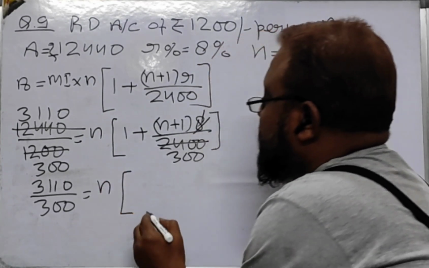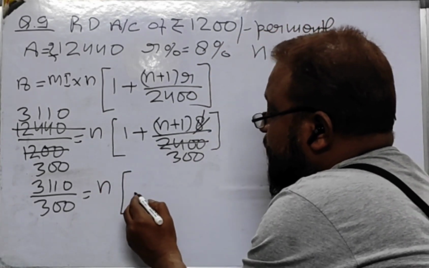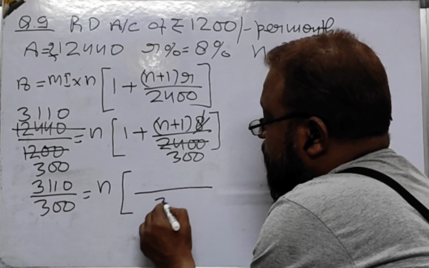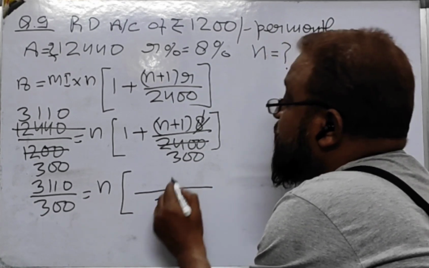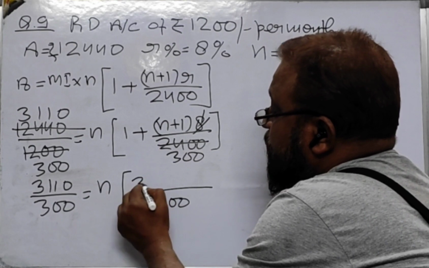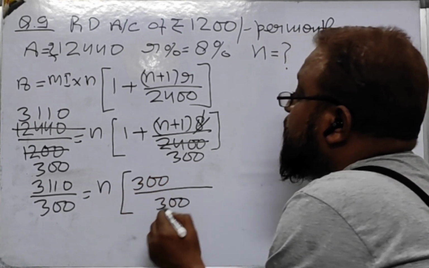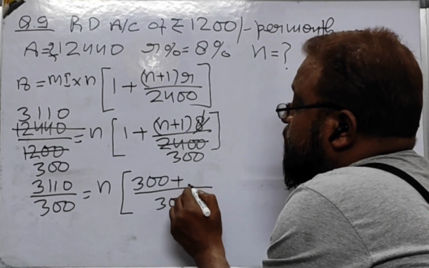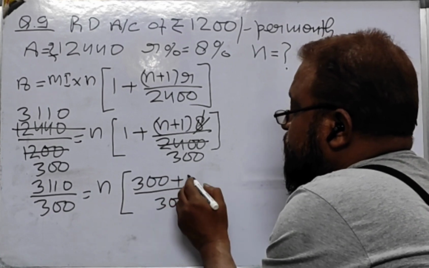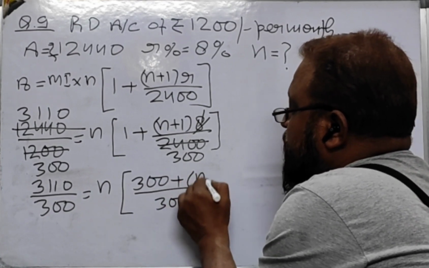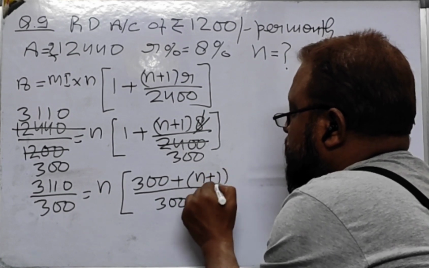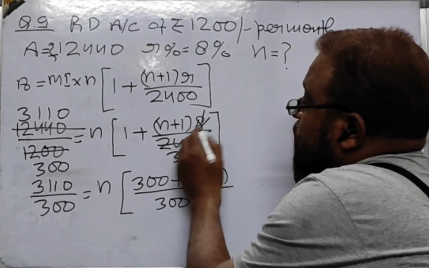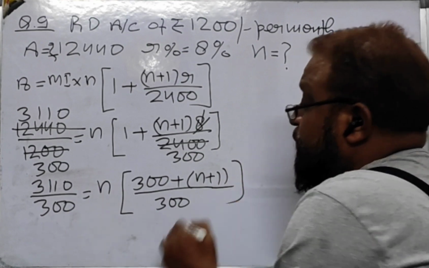You will see here. Now we have taken 300 as an LCM, so it becomes 300 plus n plus 1. Getting it? 1 is gone, right?